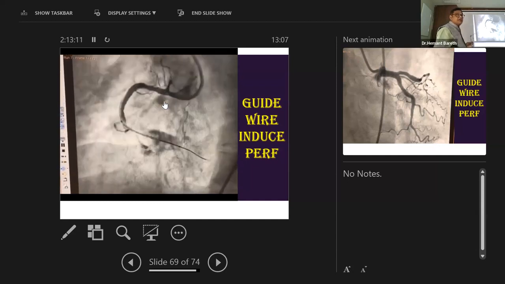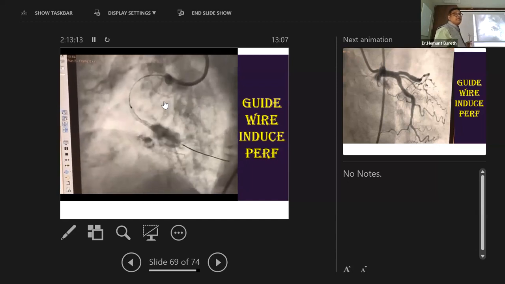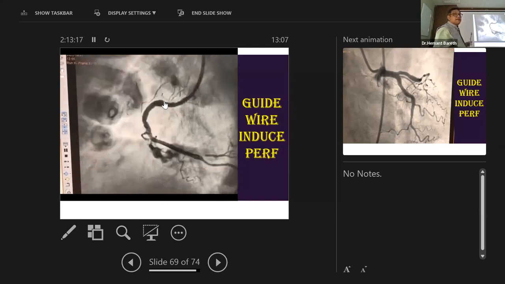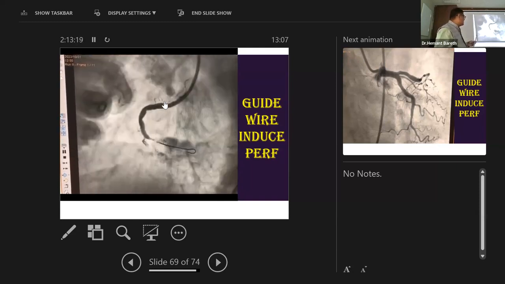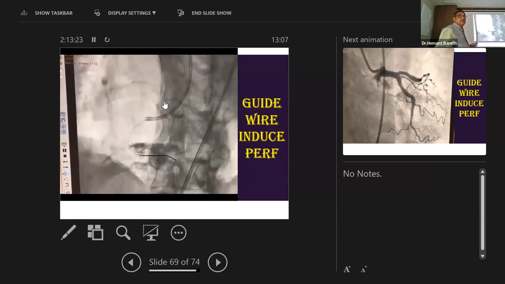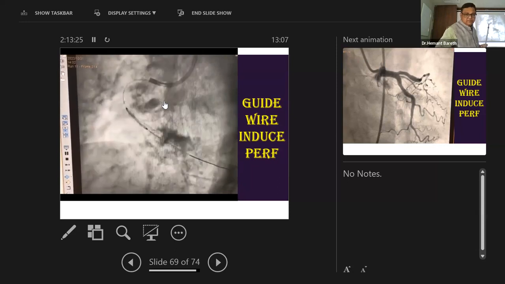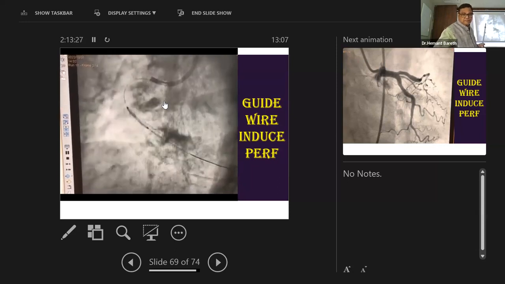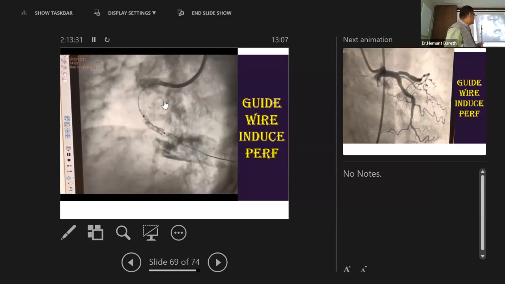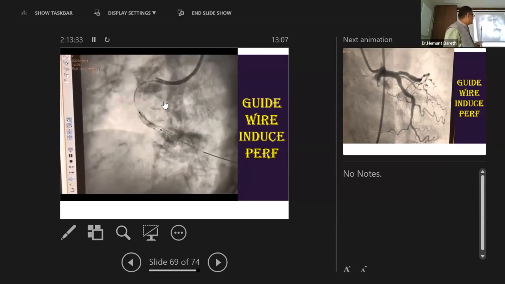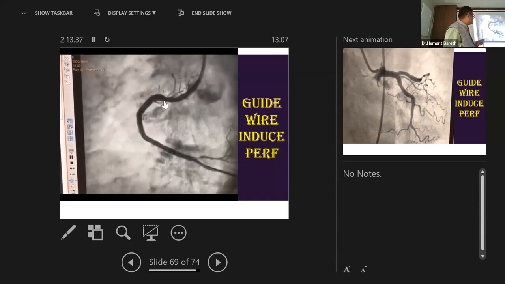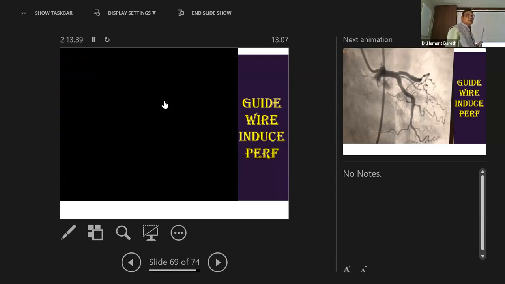This is a common thing that you can have with a penetrating wire or a higher tip load wire. This is the perforation. Ultimately, a covered stent was deployed, and the perforation sealed. Final result.